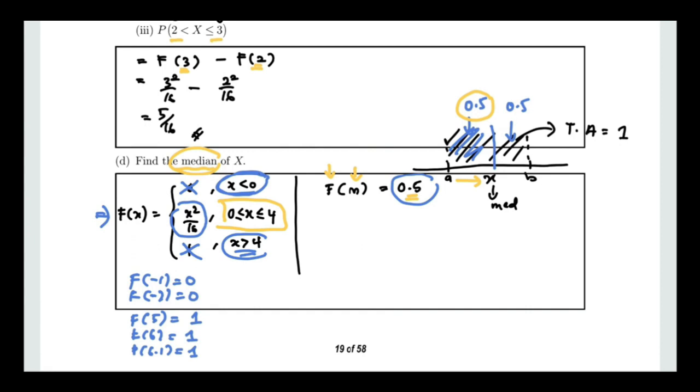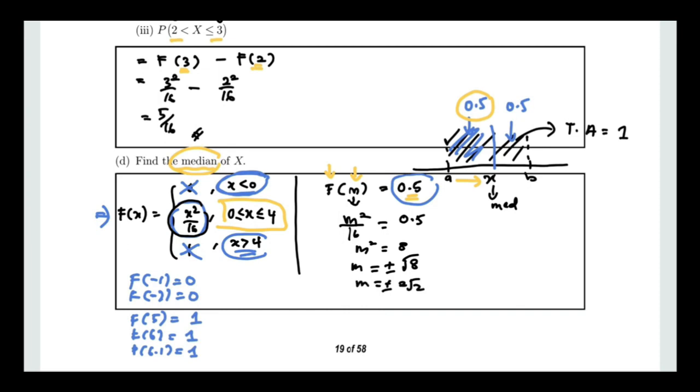So what we need to do is substitute m into this function. That will give you m squared over 16 equals 0.5. So I'm going to solve it. m squared equals 8. So m equals plus or minus square root of 8, which is 2 root 2.